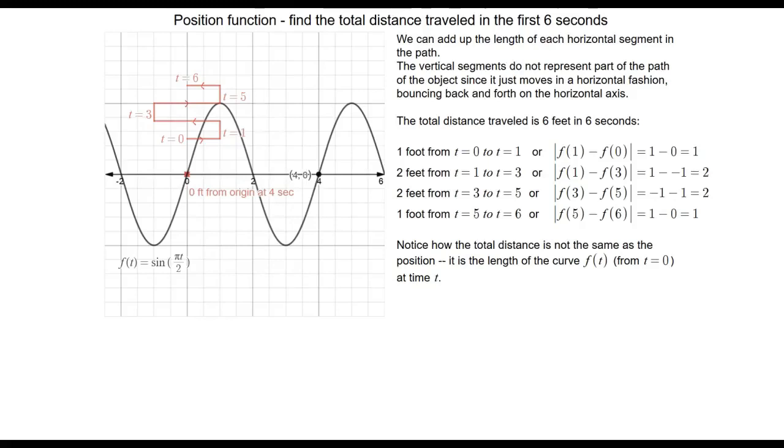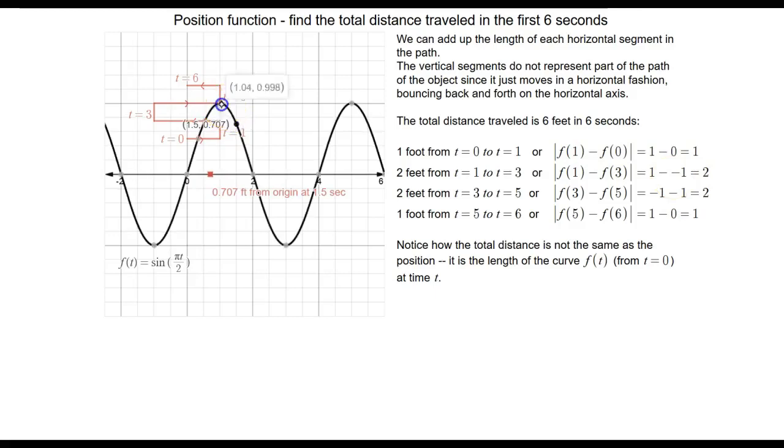So now they're asking to find the total distance traveled in the first 6 seconds, the length of the curve from 0 to 6. Now since the y values change sign, we can't just subtract y values. So we need to look at the absolute value. If we travel from here to here, that's f of 1 minus f of 0, and that's 1.